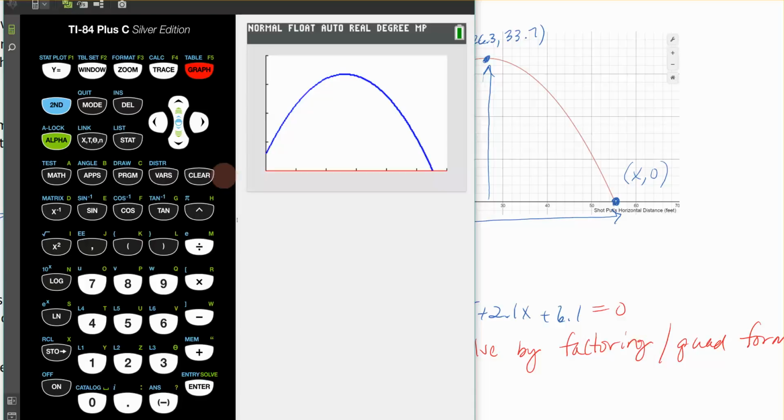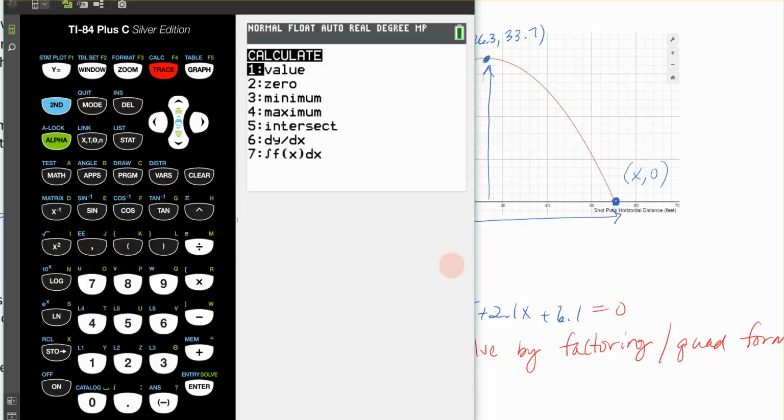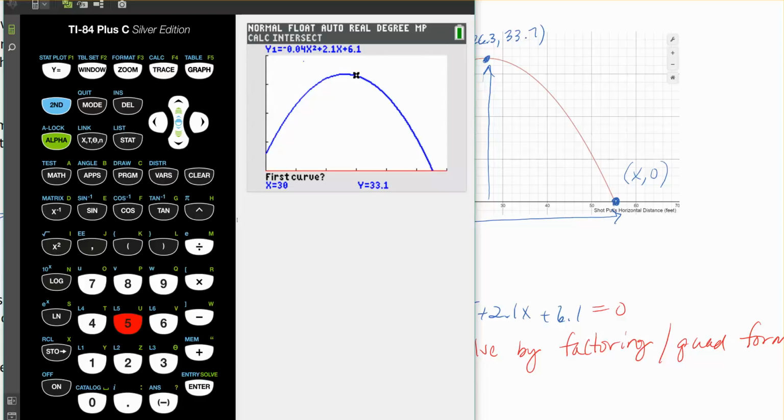So when I want to know what the intersection is, over here at this point on the x-axis, I would do second trace. Number 5 is intersection. And I want to know the intersection between the blue curve, which has got a cursor on it, so I hit enter. And now it has a cursor down here on the red line, so enter. And I don't have a guess because I wanted it to tell it to me.